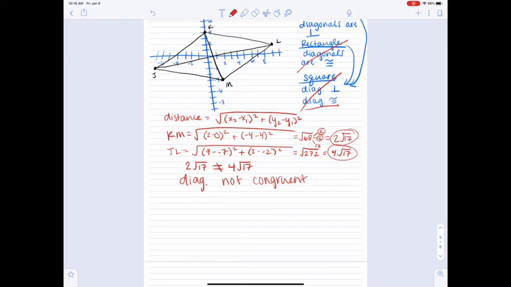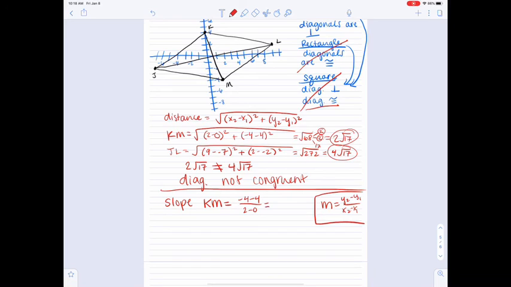So I'm going to find the slope of the first diagonal, which is KM. Remember, slope is y2 minus y1 over x2 minus x1. So our slope is negative 4 minus 4 over 2 minus 0, which gives us negative 4. And then we need the slope of the other one, JL. It needs to be the opposite reciprocal.